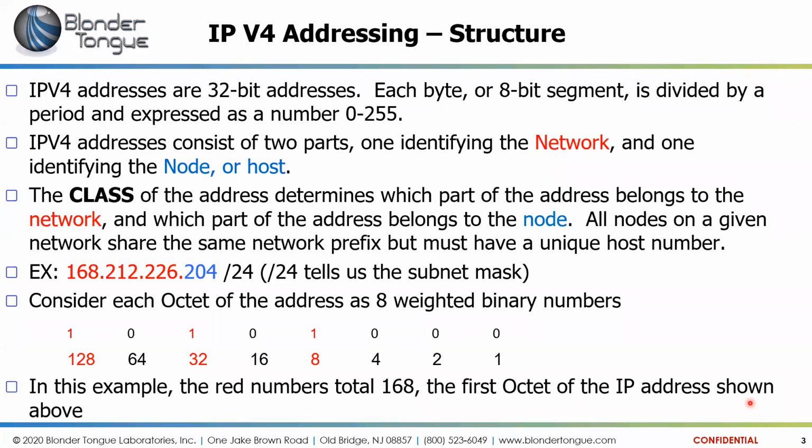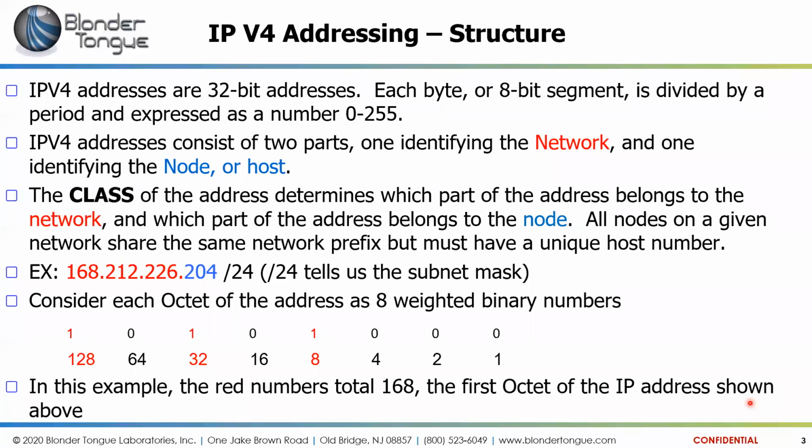So we have 1 worth 128, 1 worth 32, and 1 worth 8. If we add up 128, 32, and 8, we wind up with the number 168. So the 168 number translates to binary as 10101000.